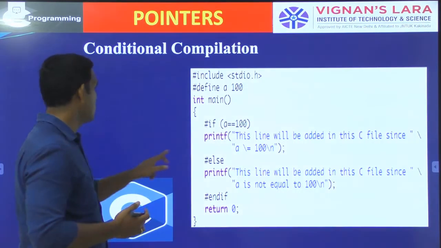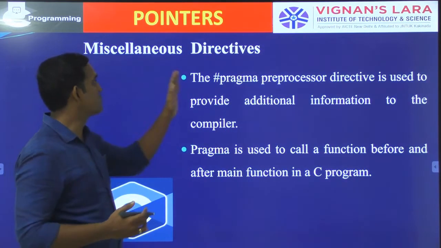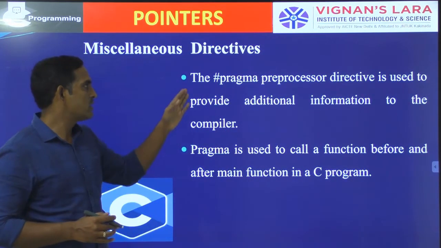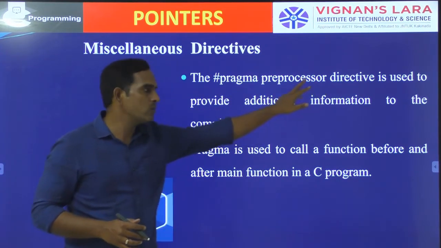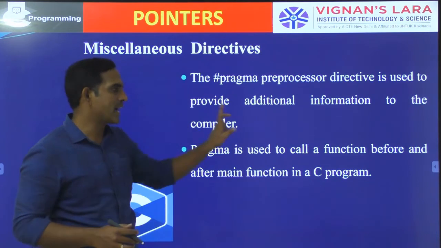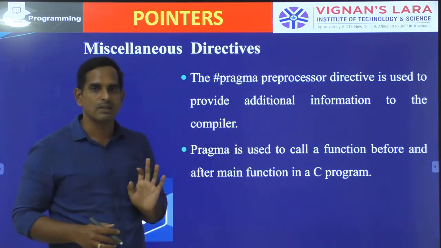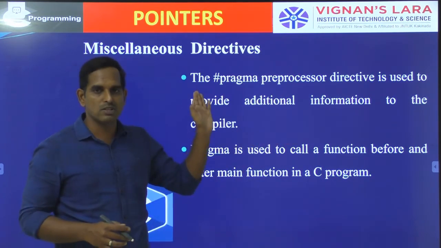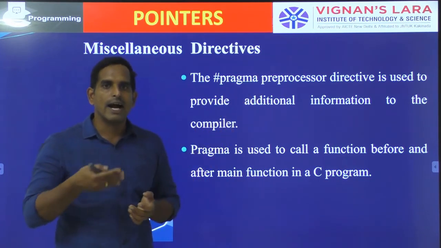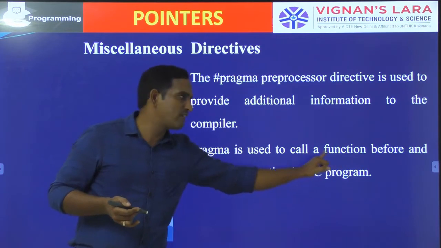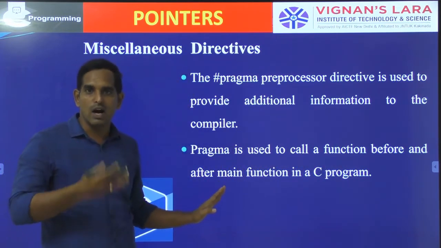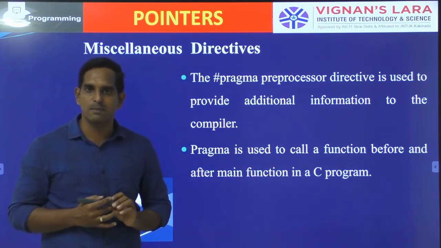Okay. And the last type is your miscellaneous directives, where the main important thing is the Pragma preprocessor directive, which is used to provide additional information to your compiler. It is used to call a function before and after the main function call in a C program.